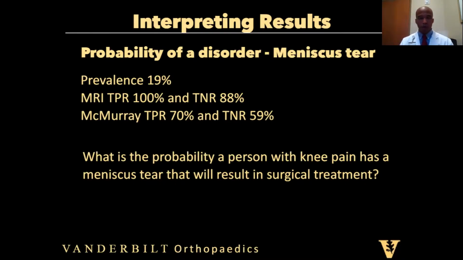That would give you, in the case of this example, 0.65, or a 65% chance that, with a positive MRI and a person saying they have knee pain, they actually have a meniscus tear. You may go, oh, but they have a positive MRI. But if you went in and performed a scope, it's really only 65% of the time that it would truly be positive.